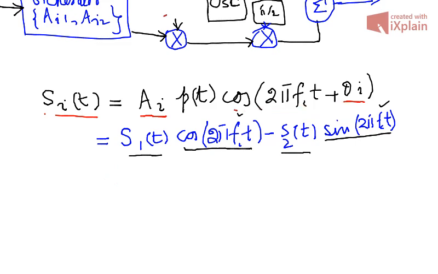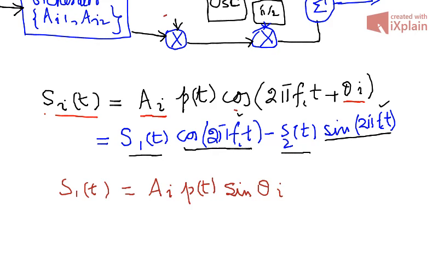Cos of 2 pi f_c t can easily be seen here. So s1 of t should be equal to A_i p of t and then cos of theta_i.